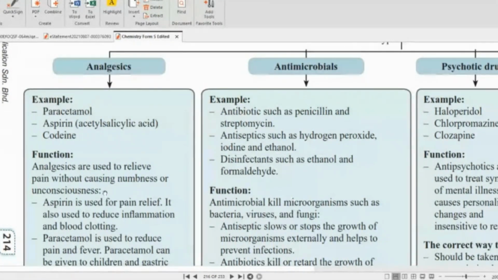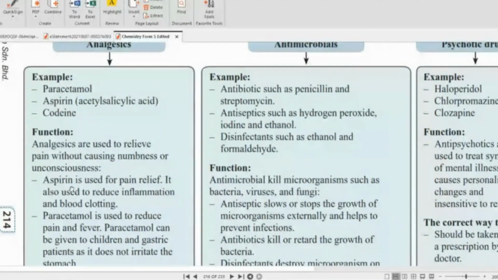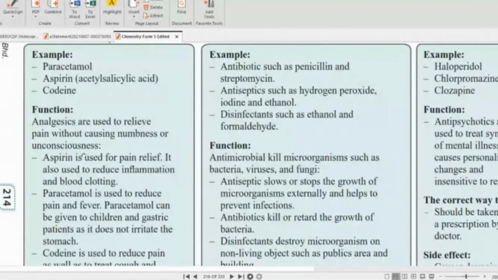Means you are still conscious. Just relieve pain only. Aspirin is the strongest one. This one is for very serious injury, for example, an accident. So use the aspirin.